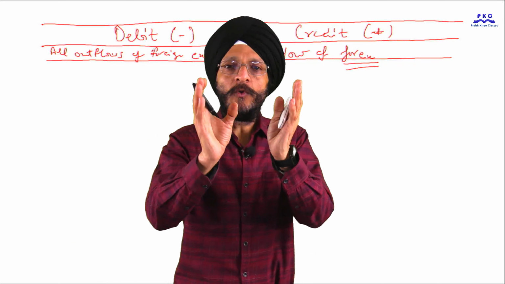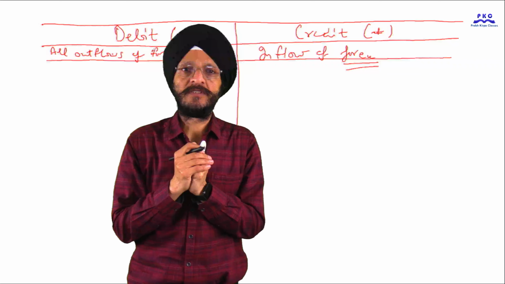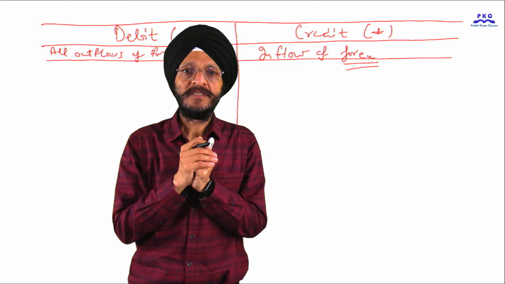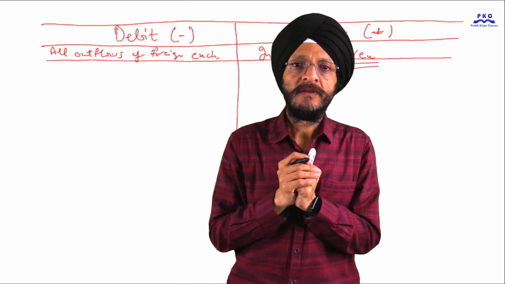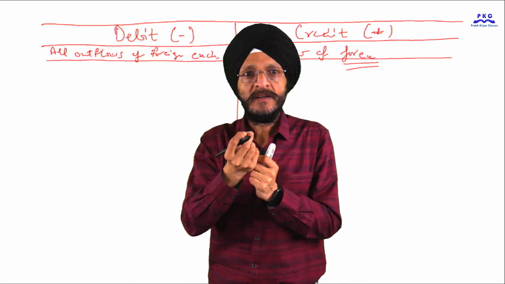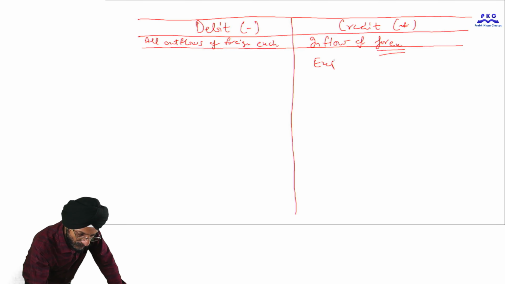First we take into account export. If a country exports goods, what happens? Suppose we in India export wheat, then foreign exchange will come. So here we will write export of goods.